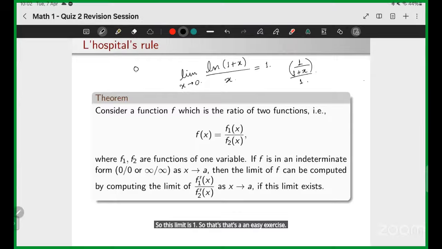Now, if I have something like 0 by infinity form, say 1 by e to the x, just something like this. Limit as, okay, here I'm taking x goes to infinity. You can do this also. This is fine. x goes to 0 plus. In this case, you can't apply it. This limit actually is equal to what?